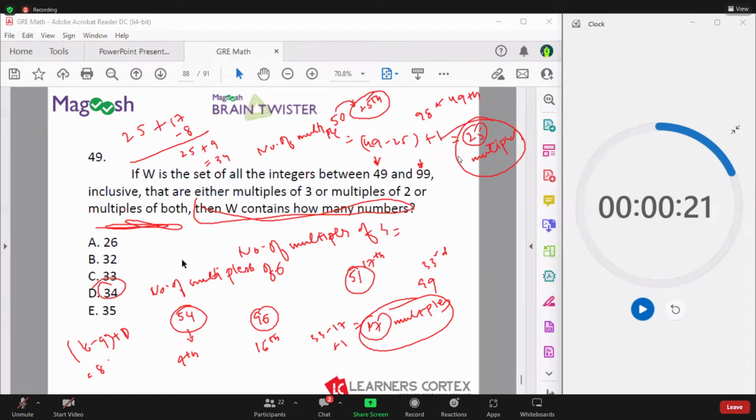So why did we add a 1 to each? The thing is, when we are subtracting here, we are not necessarily counting either one of the end points.